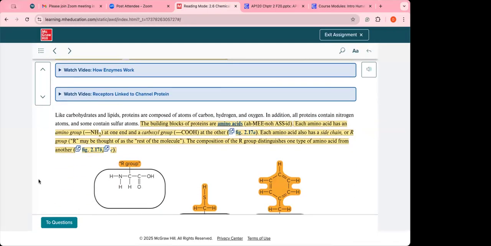Okay, look at the last paragraph. The building blocks of proteins are amino acids. Each amino acid has an amino group, that's the NH2 group, and a carboxyl group, that's COOH. So they have an amino group, they have a carboxyl group. Each amino acid also has a side chain or R group that may be thought of as the rest of the molecule. The composition of the R group distinguishes one type of amino acid from another.